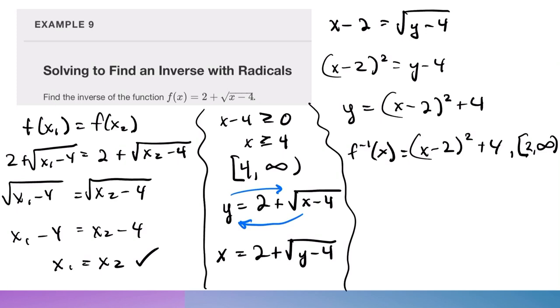Because we do need to impose that restriction on the domain, right? And if we just looked at the output, it's kind of hard to see what should be the proper domain there. So instead of focusing on f inverse, I went back to the original and found the range of the original. You can just look at the graph. We started with the square root function, and through transformations, we went to the right by 4 and up by 2.